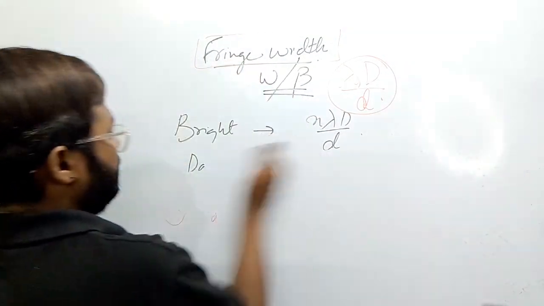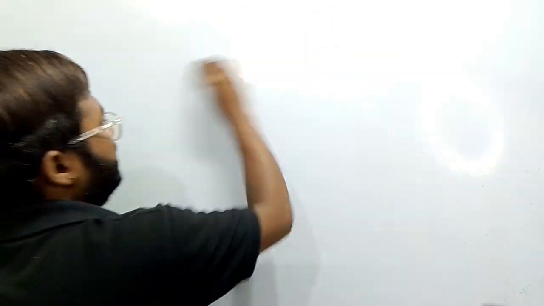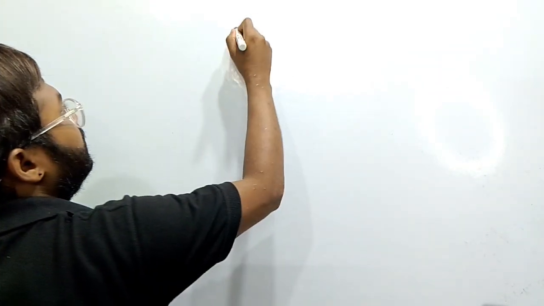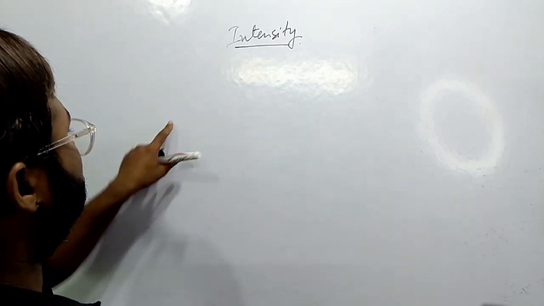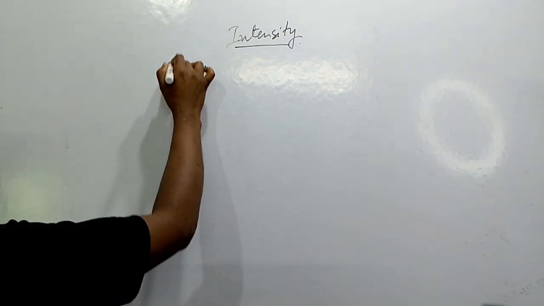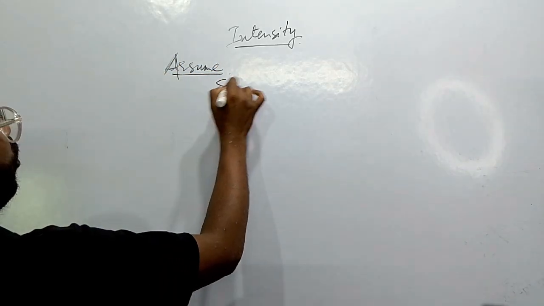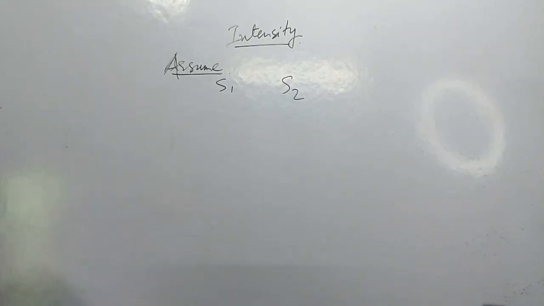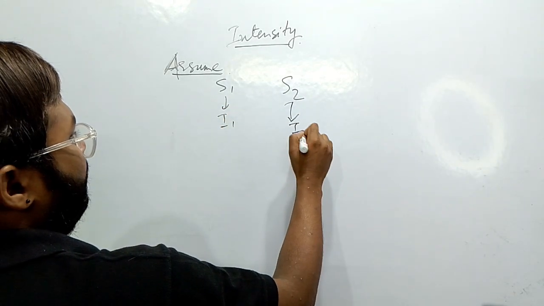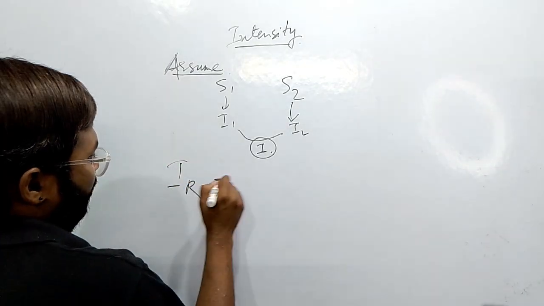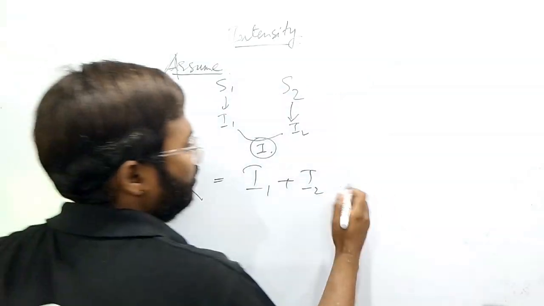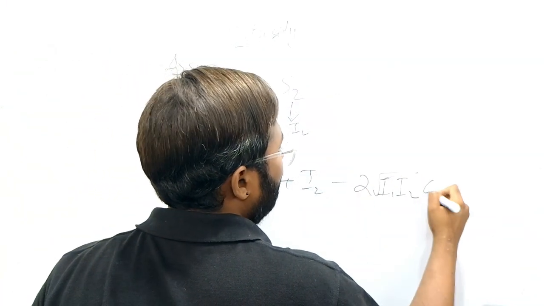Now let us consider the intensity. So assume source 1 and source 2 have the same intensity, I1 and I2, but they are of the same intensity I. So the resultant intensity will be I1 plus I2 plus twice root I1 I2 cos phi.